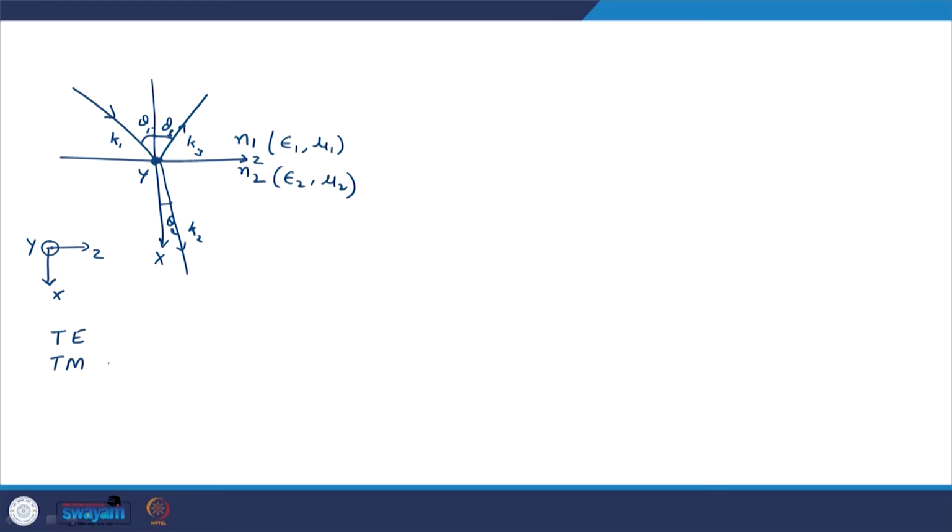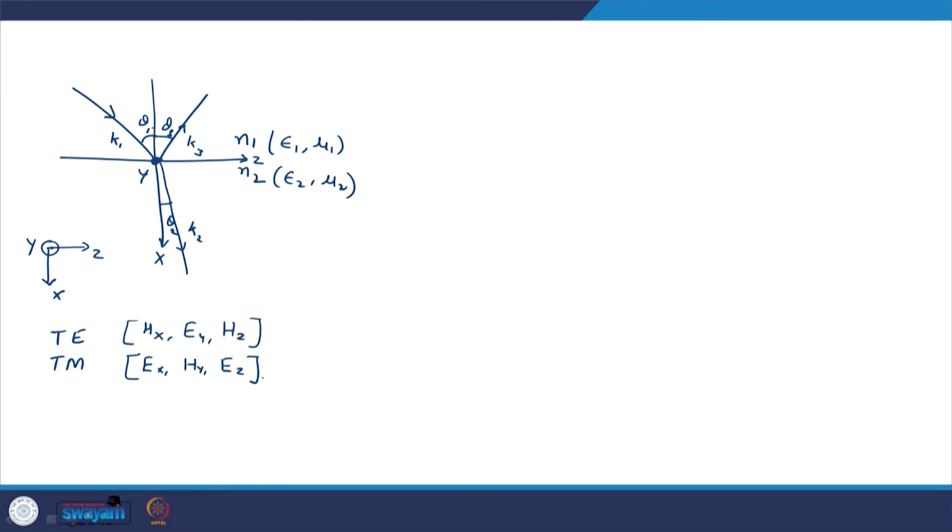So, for this kind of configuration you will have H x, E y, H z as the TE mode, and E x, H y, E z as the TM mode.